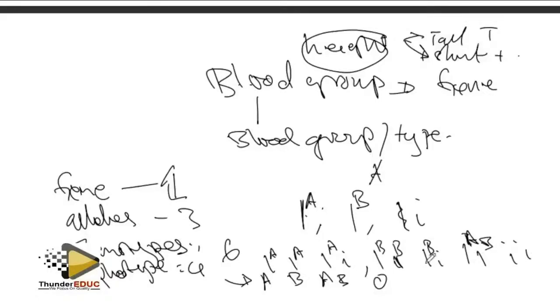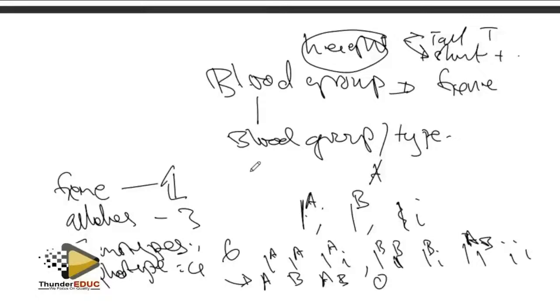So there are 6 of them. 1 gene, 3 alleles, 6 genotypes, 4 phenotypes.